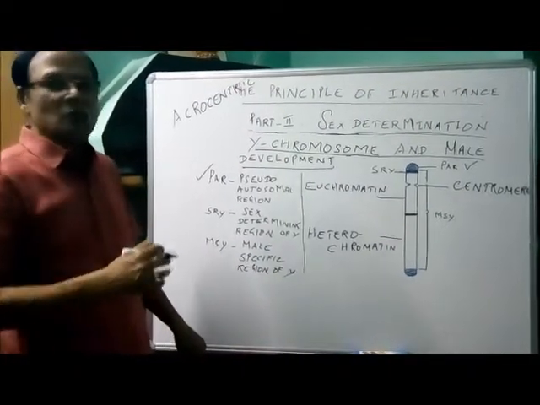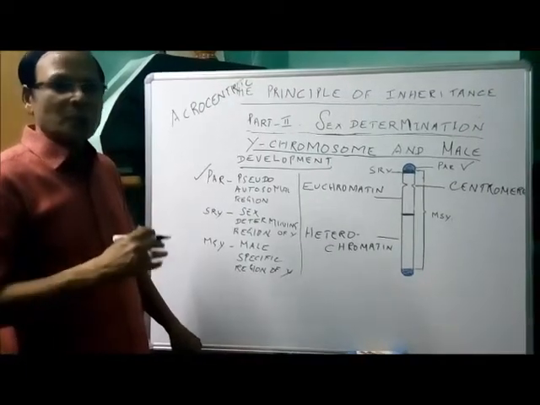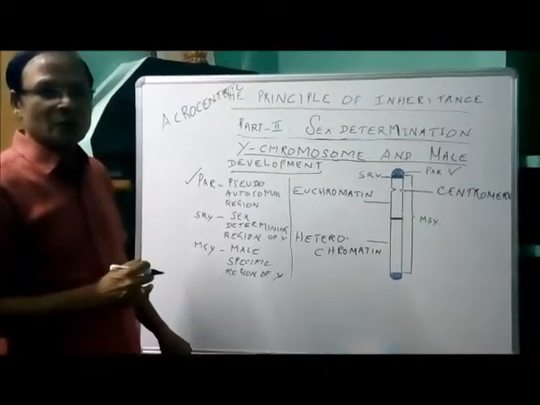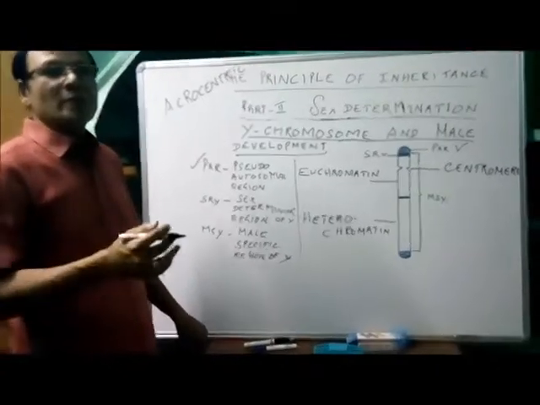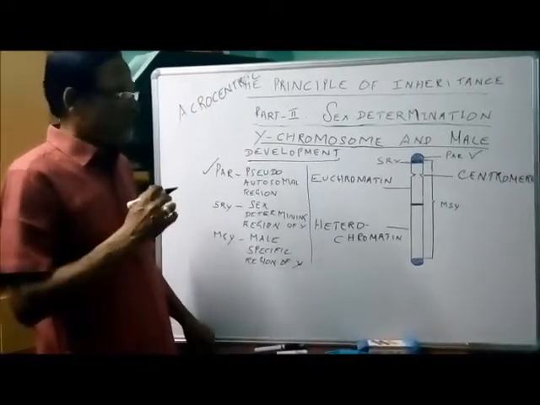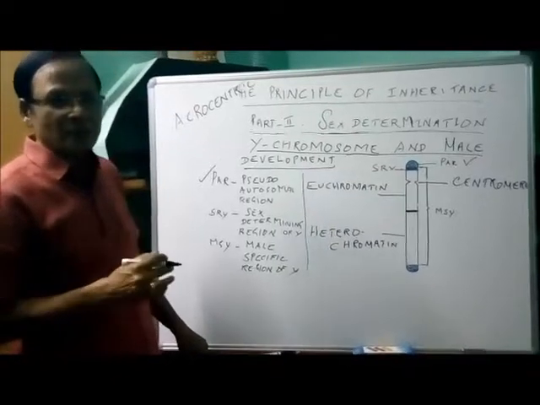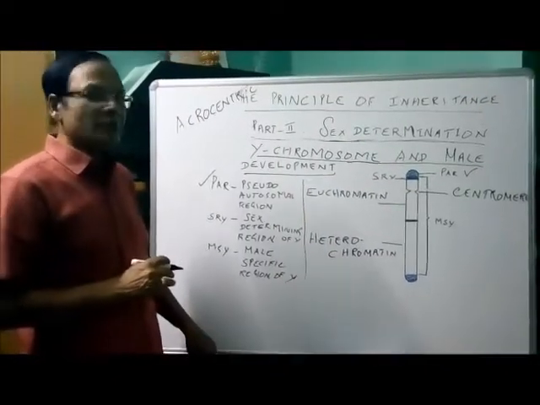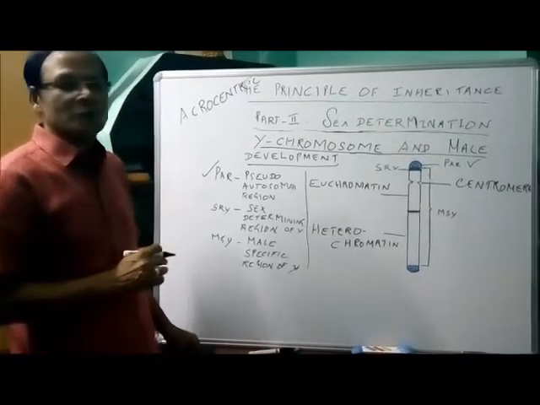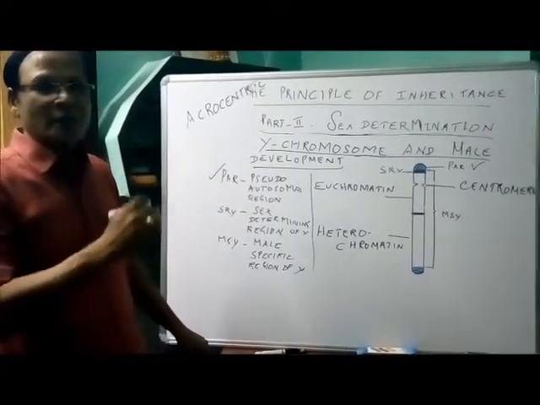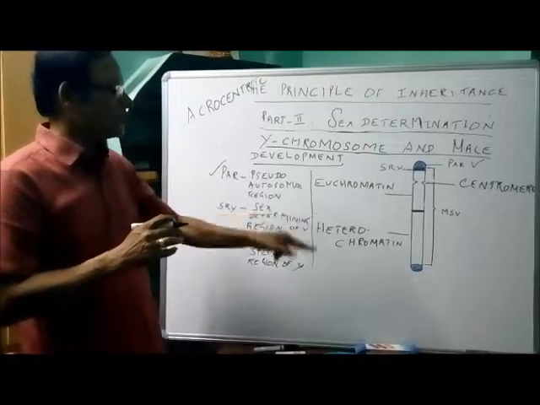So this region normally pairs with the X chromosome, synapses, and recombines during meiosis. Exchange of chromosomal material occurs between the X and Y chromosomes in these two regions.